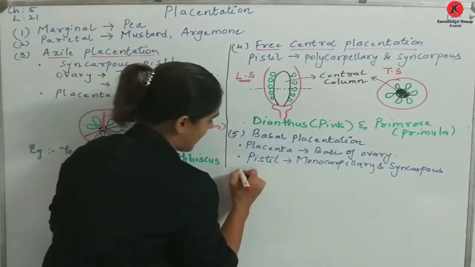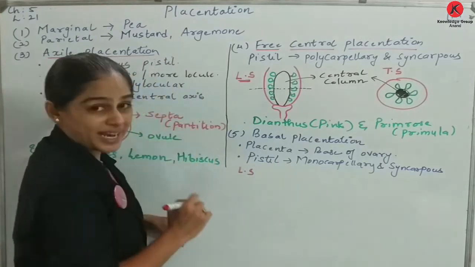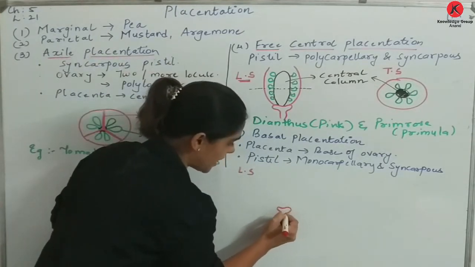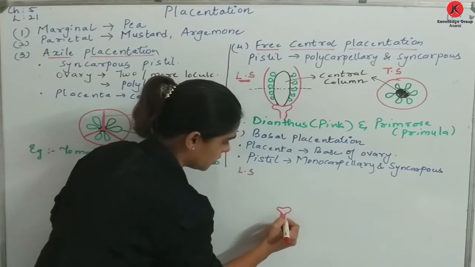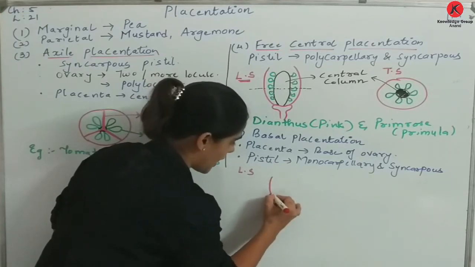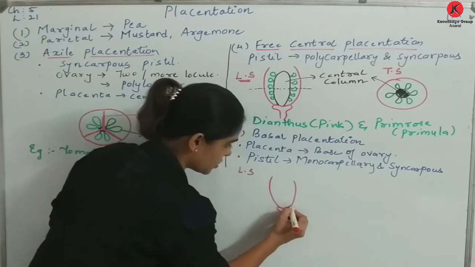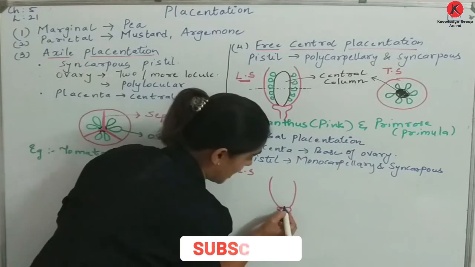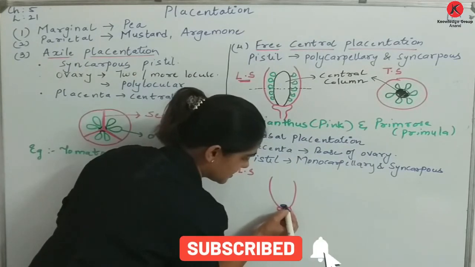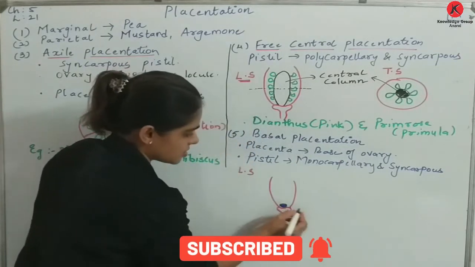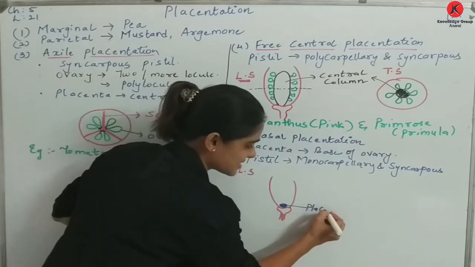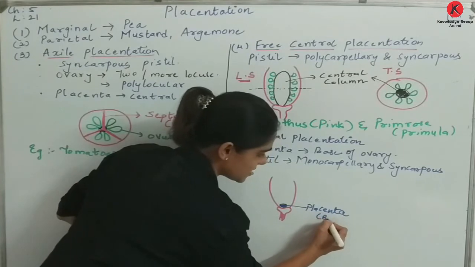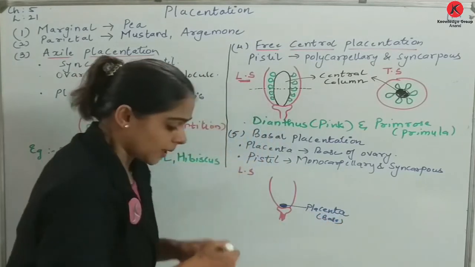Once again I am taking a longitudinal section. Okay, suppose this is your thalamus and receptacle, and so on. This is your ovary. As I told you, this is your placenta. Can you see this? This is your placenta, which is present at the base.